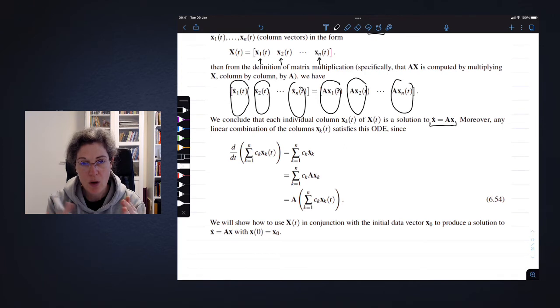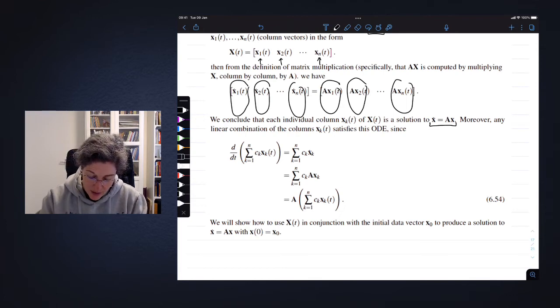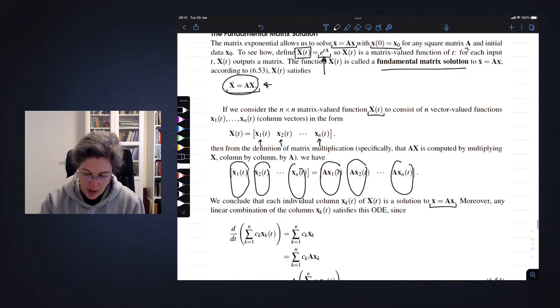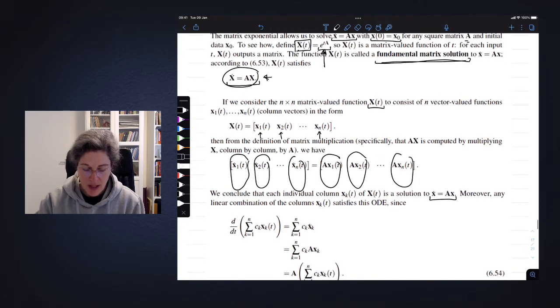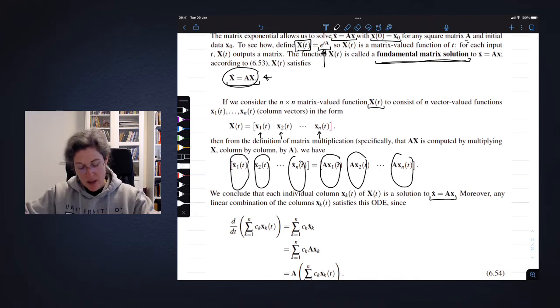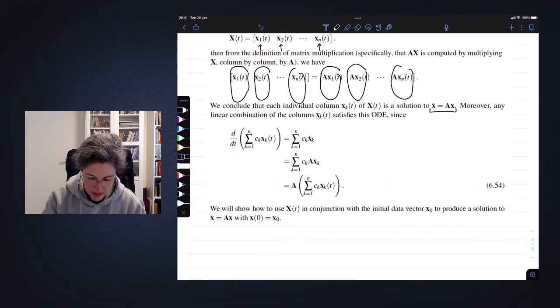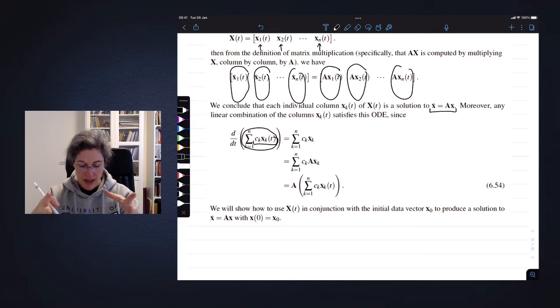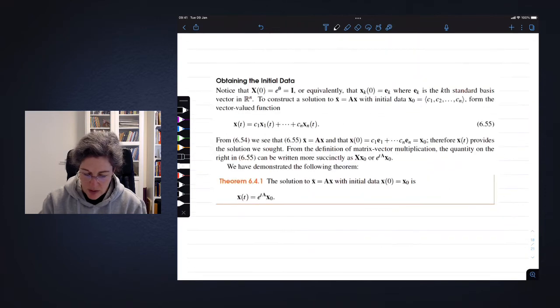And we know that if we've got a whole bunch of solutions to differential equations, then any linear combination must also be a solution. So if we have our fundamental matrix solution, then we take the columns and we make a linear combination of them, like this over here. That is going to give us our general solution to the homogeneous system of DEs. And once we've got that general solution, then we can plug in our initial conditions and we're good to go. So let's have a look at how that works.